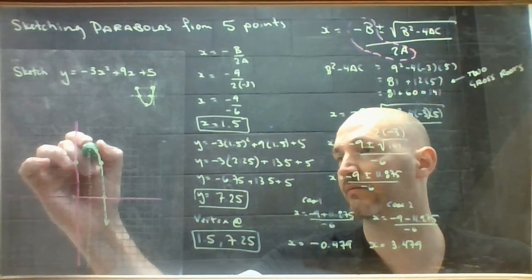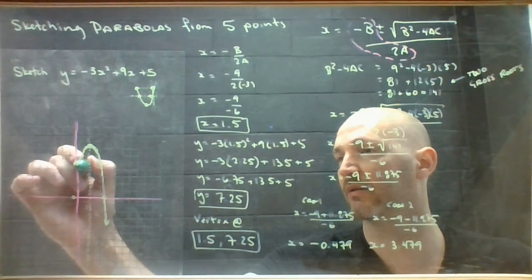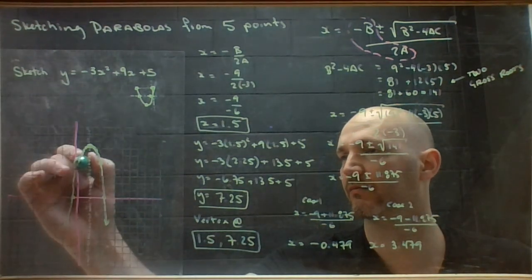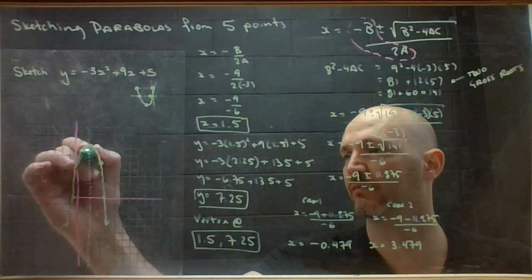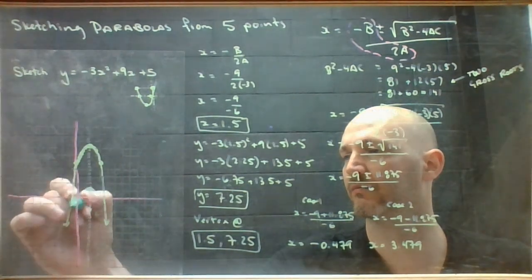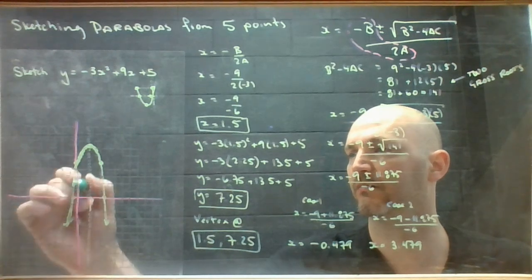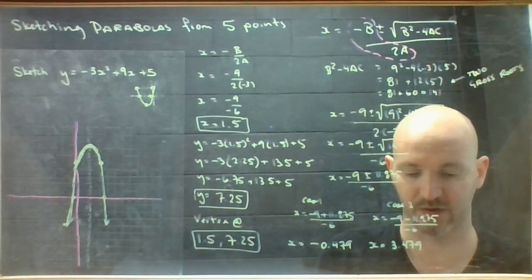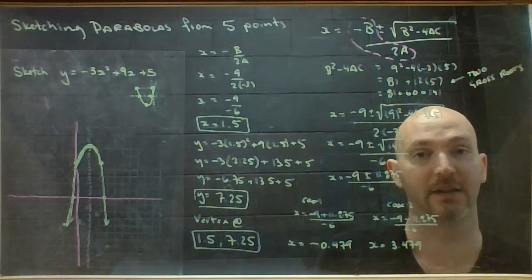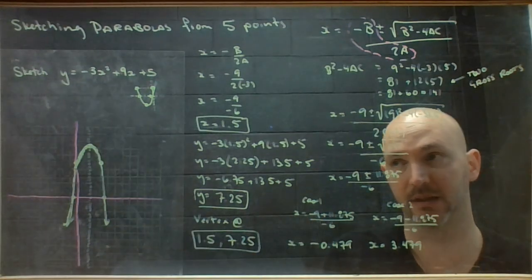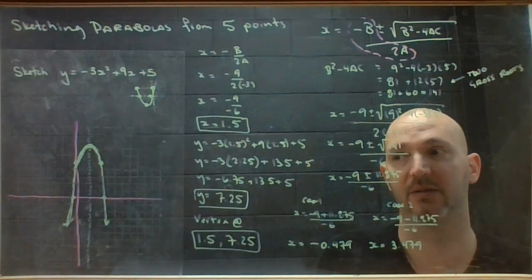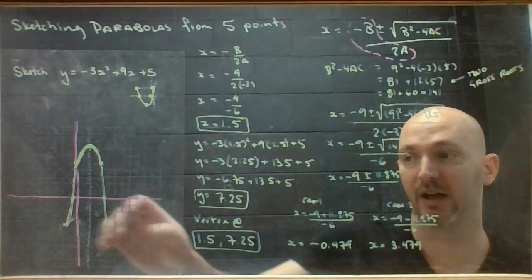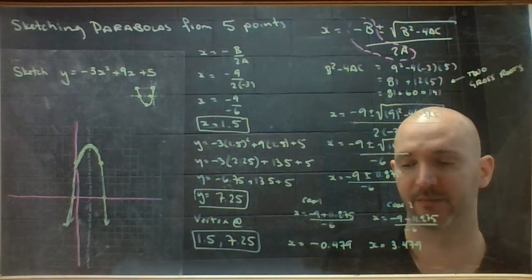Round off the vertex, hit the y-intercept. And with 2 tries, I end up with a pretty good picture of that parabola. Now, I didn't have to do any of the step patterning. I didn't have to worry about the transform factor or how to modify the 1, 4, 9, 16 pattern. I just needed these key points.